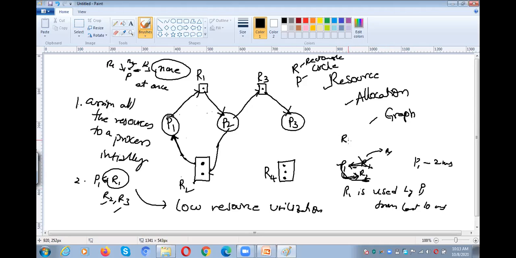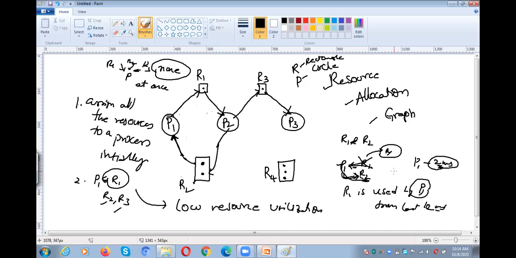But R1 is not available, right? It requires both R1 and R2 in order to complete the task. Within 2 milliseconds, the process is going to complete its execution, and we have been executing that particular process for the past 10 milliseconds. Because of this 2 milliseconds of time, we are not allowing the process to take R2, because it is already having R1.